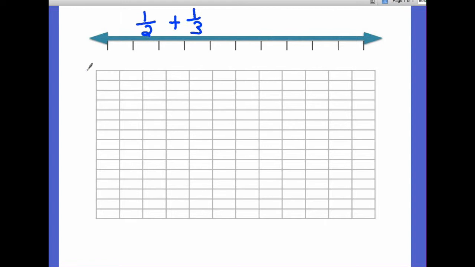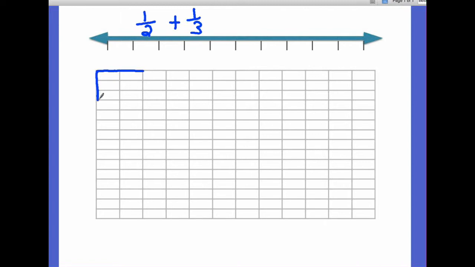So I'm going to go over 2 boxes. And how many do you think I'm going to go down? Ruth? 3. Okay, I'm going to go down 3.